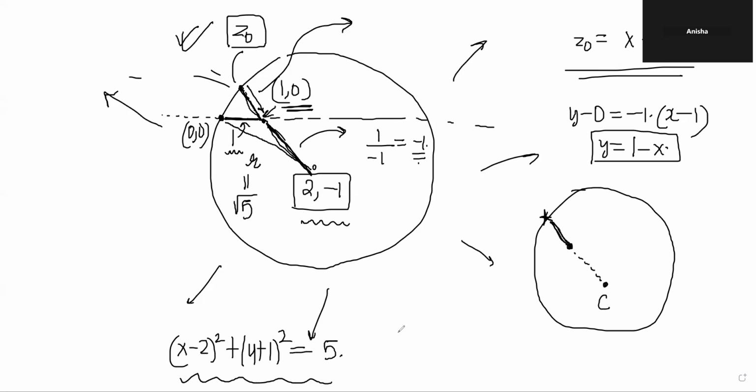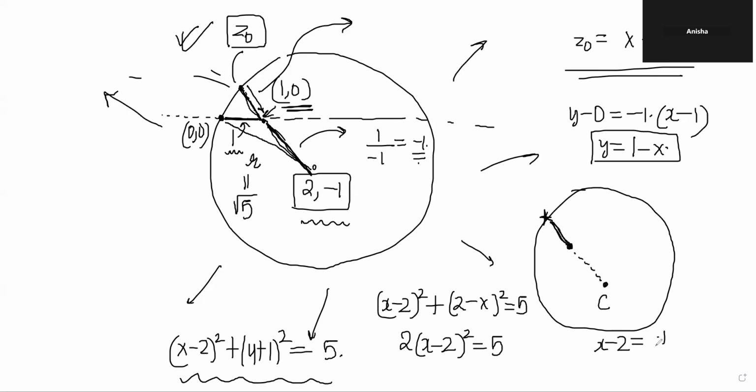If I put y is equal to 1 minus x, I'm getting x minus 2 whole square plus 2 minus x whole square is equal to 5. So I'm getting 2 times x minus 2 whole square, so x minus 2 is coming as plus minus root 5 by root 2.